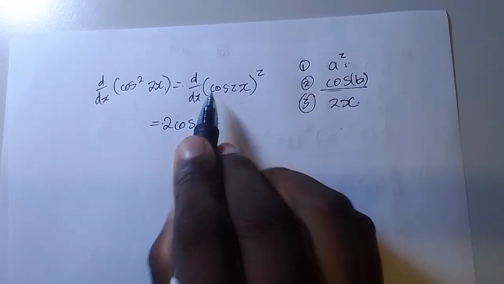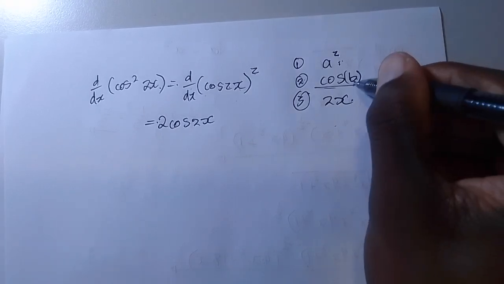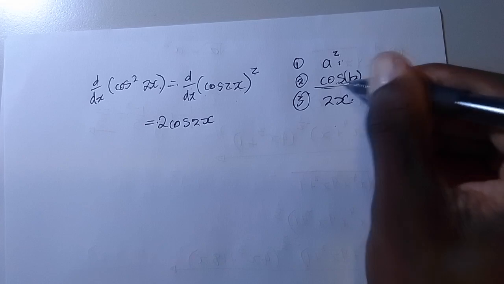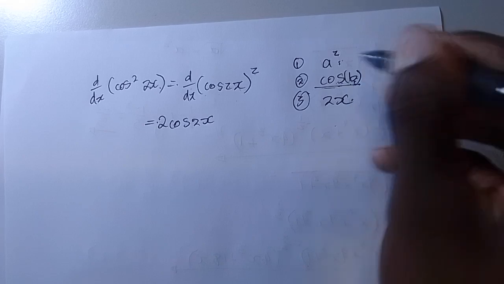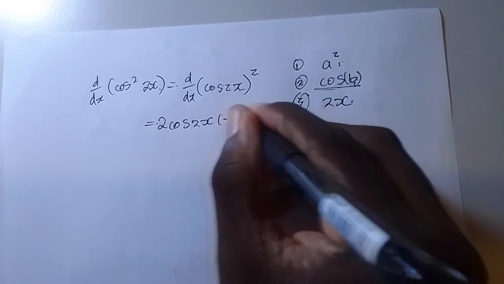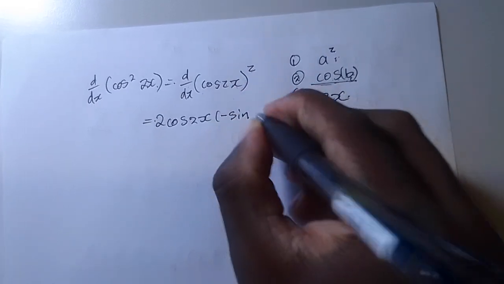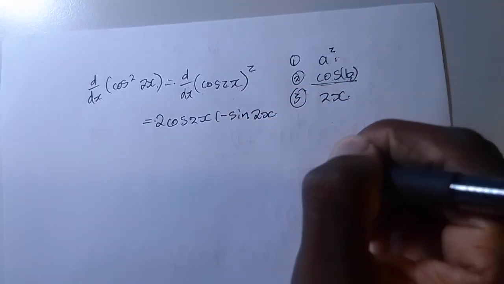So this is how we do it. Starting here, the derivative of the outside function is the derivative of cos b, which is negative sine. We know b is 2x, so negative sine 2x.